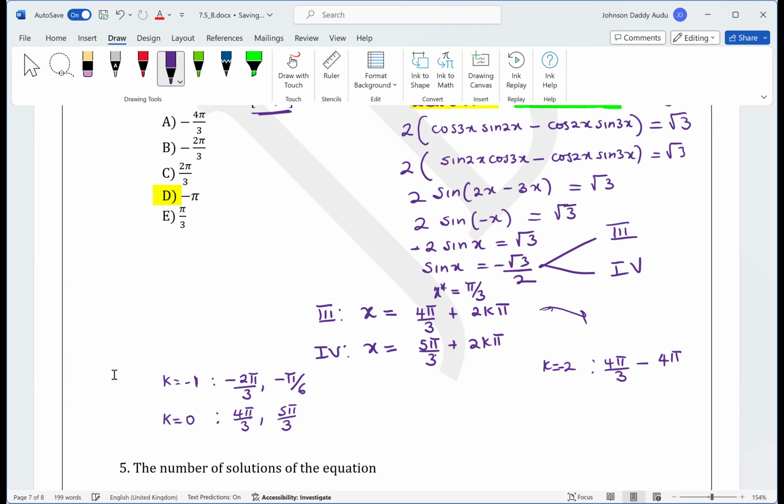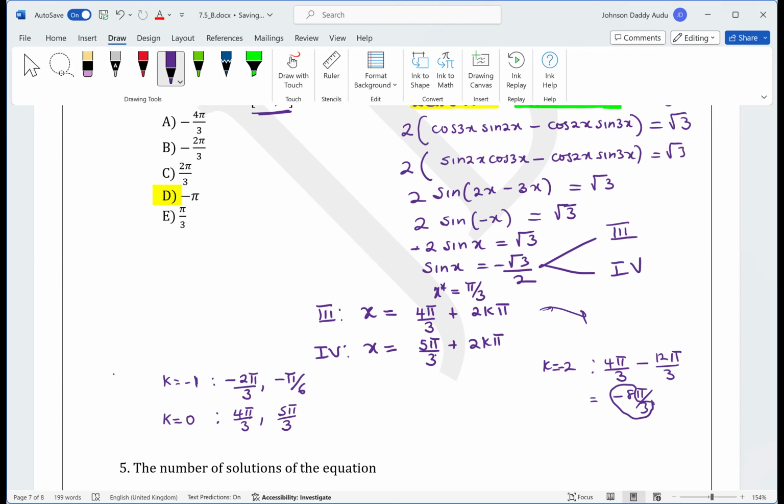Which we can write as 12 pi over 3. And that is going to be -8 pi over 3. So you can see the coefficient -8 over 3 is way outside the region.